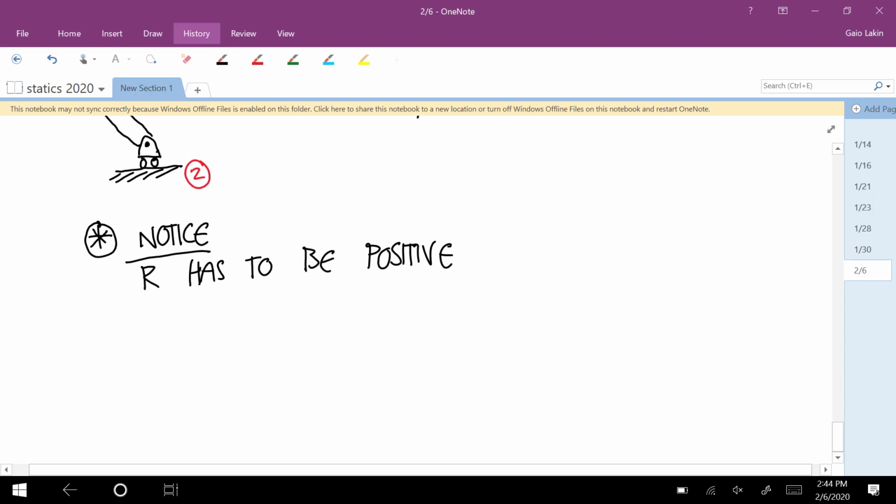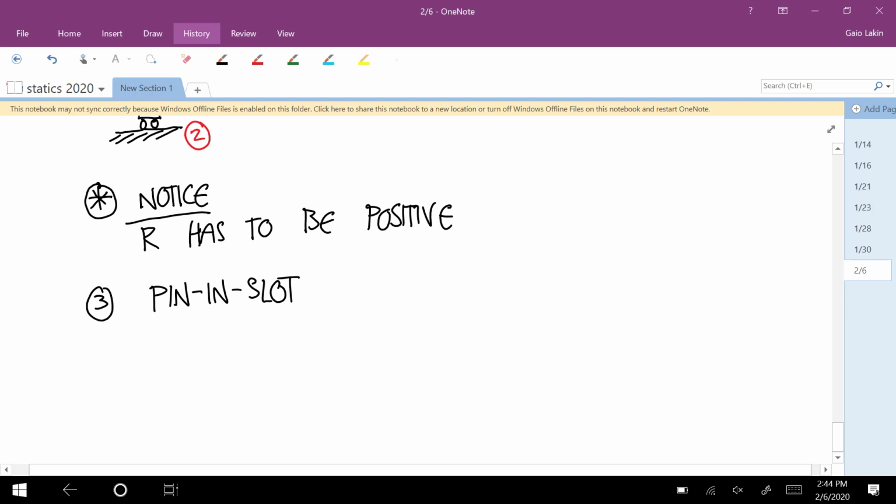And then the last of this type of joint is a pin and slot joint. Yep, these are all in the first category because they all introduce one direction force, a force with a known direction, and they all introduce then one variable into the equations.